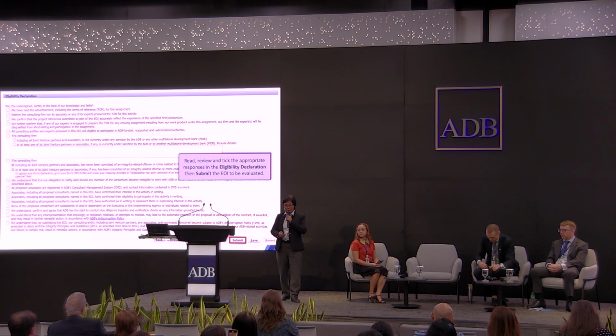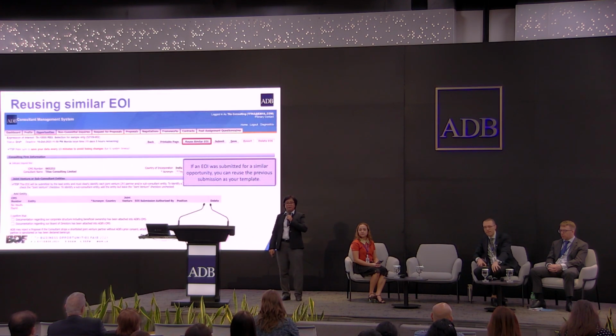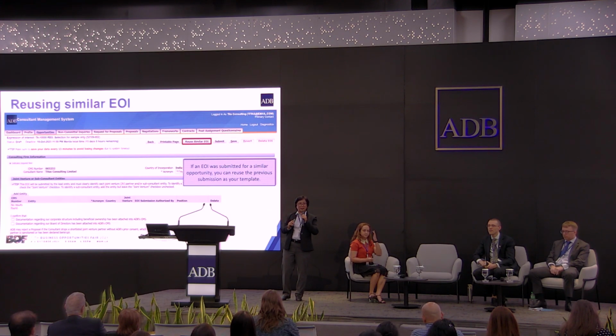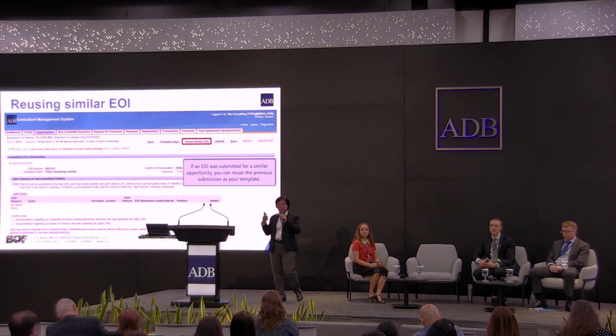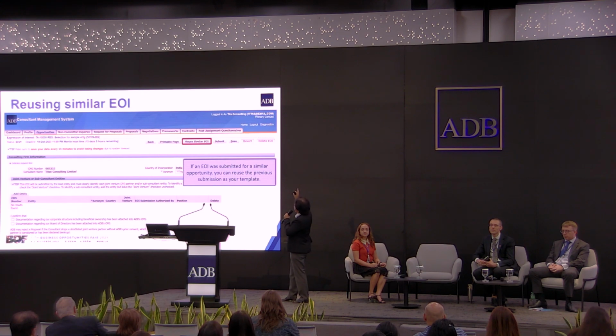Thank you for that, Julian. So, after submitting maybe one or two EOIs, you may want to submit another EOI, but this opportunity has similar things to what you already submitted before. So we have here a function that says reuse similar EOI.